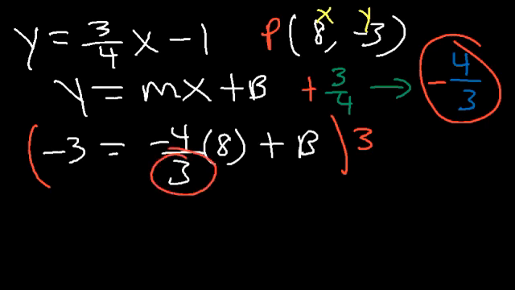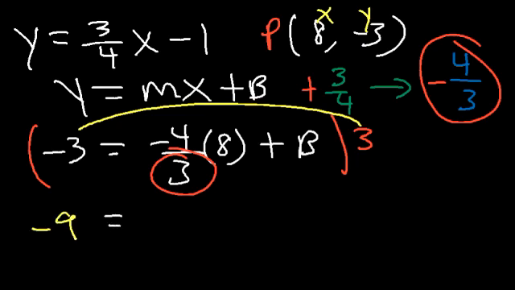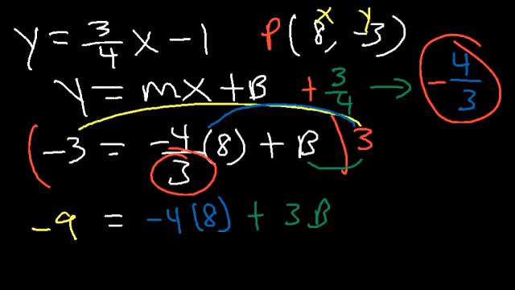So 3 times negative 3 is negative 9. And 3 times negative 4/3 times 8, the 3's are going to cancel, so you're just going to get negative 4 times 8. And then 3 times b is 3b. So negative 4 times 8 is negative 32.